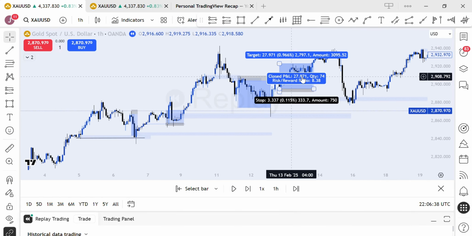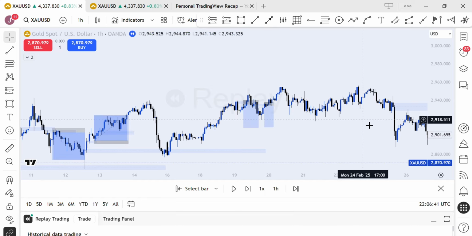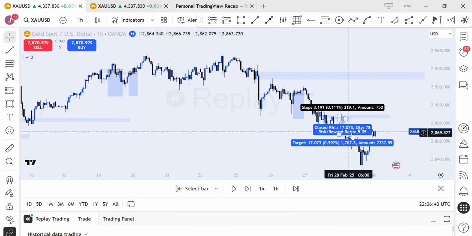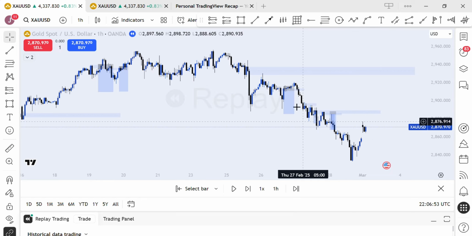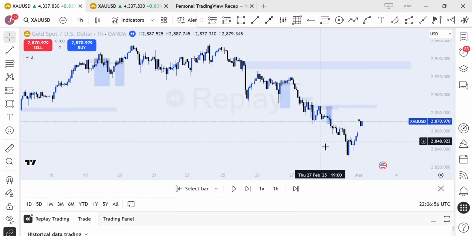So I think it's actually 9 trades: 1, 2, 3, 4, 5, 6, 7, 8, 9. Yes, 9 trades. So we lost 5, won 4, putting us in a positive percentage in terms of win rate. When you calculate the win rate, it will be somewhere around 40 to 50%, which puts us at a good position considering our profit target.